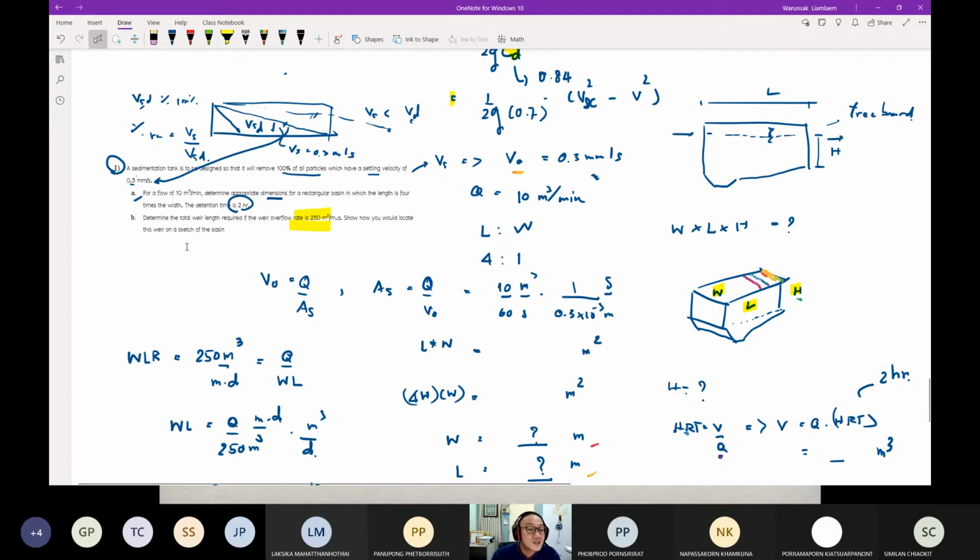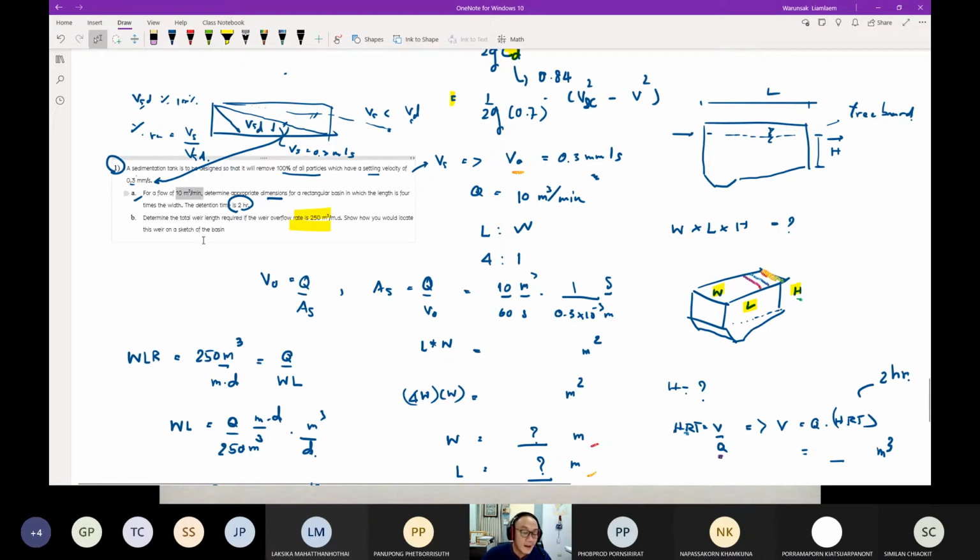Then the second question: determine the total weir length required if the weir overflow rate is 250. Show how you would locate this weir in the sketch of the basin. So basically, you have to find out the weir length. Weir loading rate is equal to the flow rate divided by weir length. The flow rate can be simply obtained from the previous question.